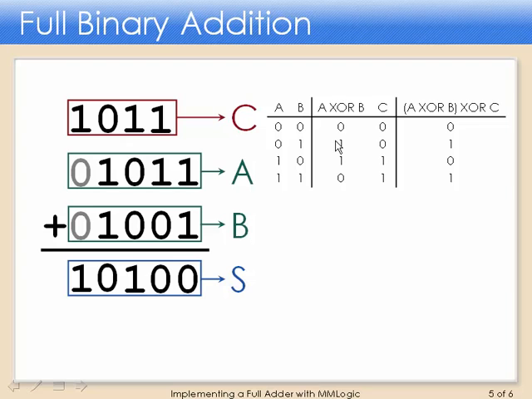And if the carry digit were 0, then 1 and 0 is going to be 1 in the bottom row, in the sum row. Likewise, if A is 1 and B is 0, then you expect to get 1. And if C is also 1, then, for example, as in this row, A is 1 and B is 0, so add those together and you get 1, like here. And then C, the carry digit, is also 1. 1 plus 1 should be 0, and you can see that it's 0 here.